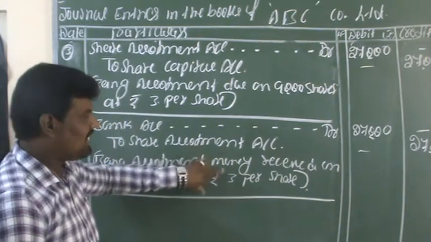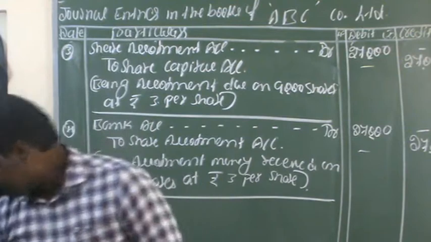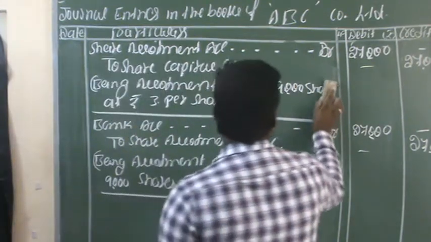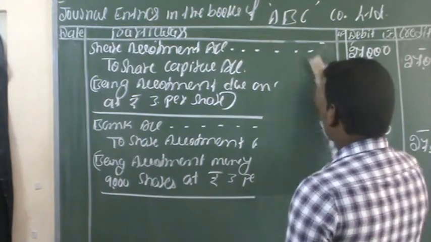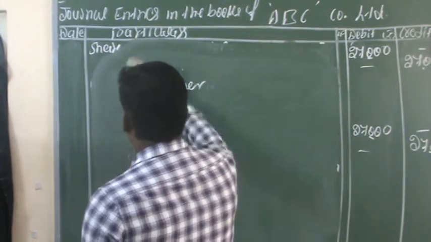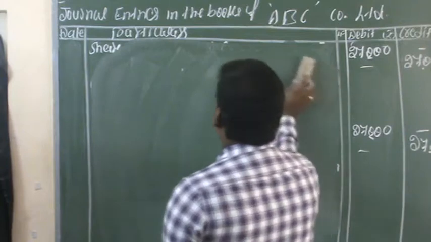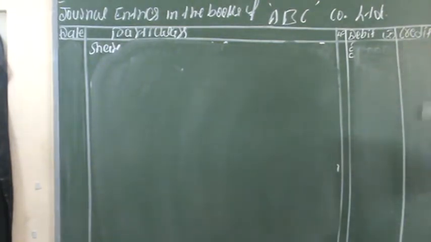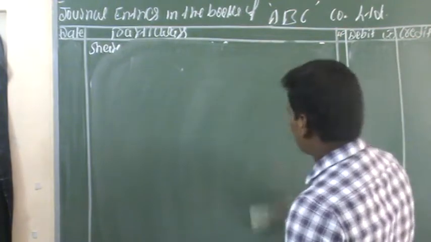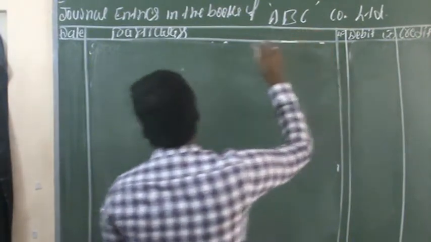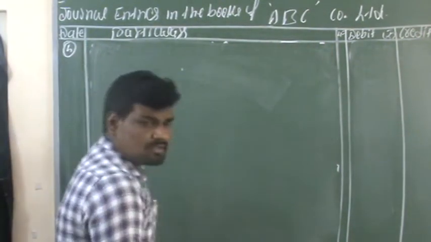After the completion of the fourth entry, the next one is the first and final call. The next one, the fifth entry.